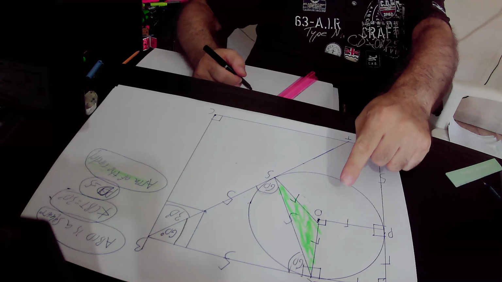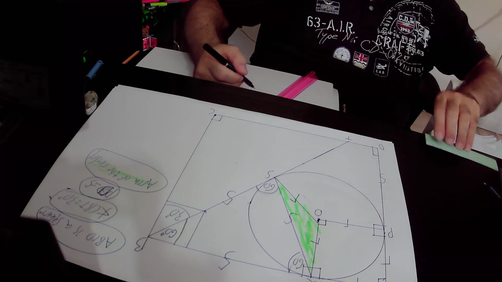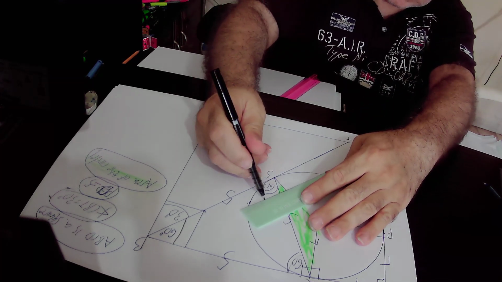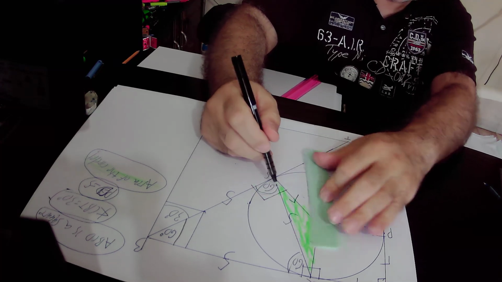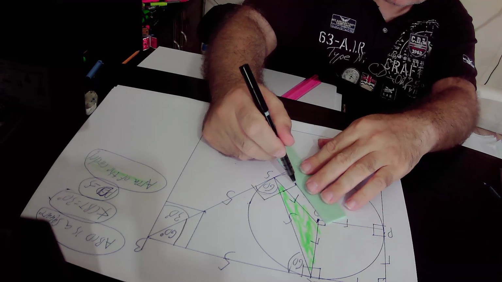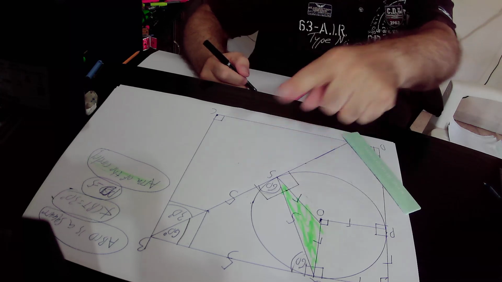Here we have the radius OS that is drawn to the point of tangency. Therefore, according to rule number 1, this angle equals 90 degrees. This angle also equals 90 degrees. So angle OSB equals 90 degrees.